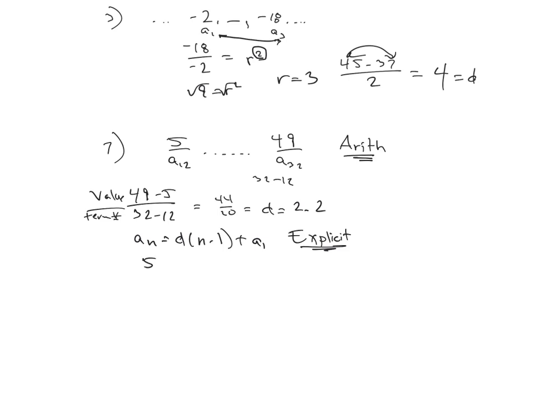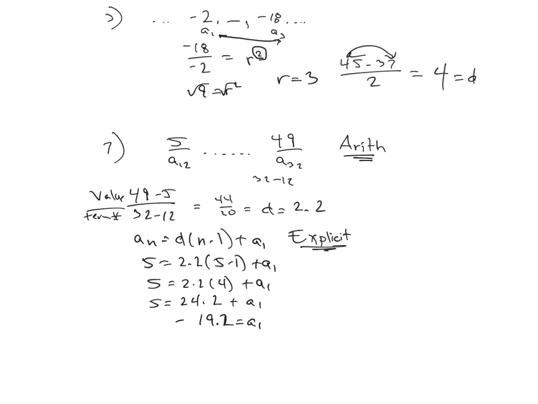So 5, we know this is 2.2. I know this is a 5, but I don't know this. So 5 is equal to 2.2 times 4 plus a sub 1. If we do all that work, this is 24.2. And we get negative 19.2 is equal to a sub 1. Oh, okie dokie. Now we're ready to go.